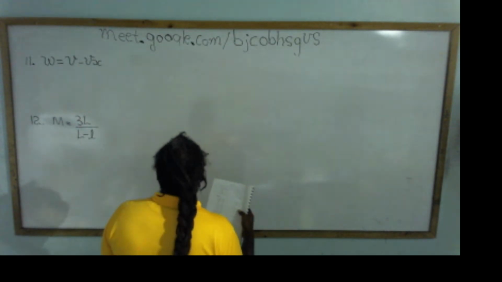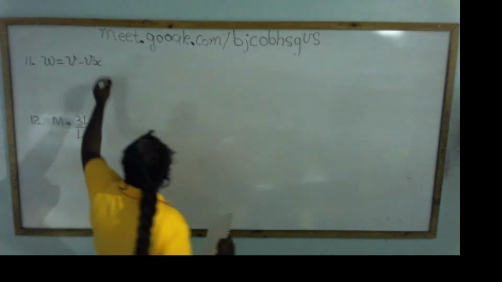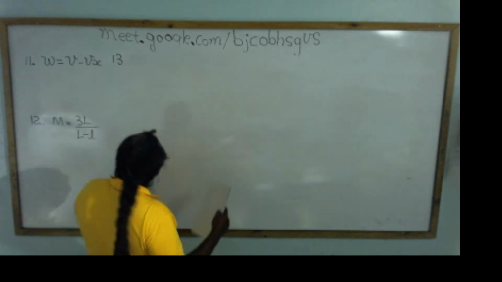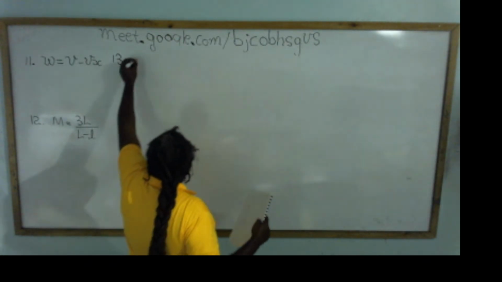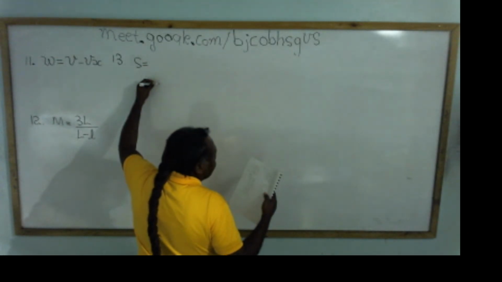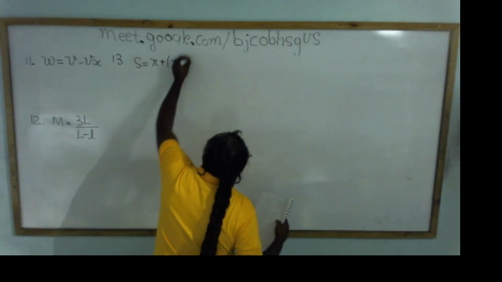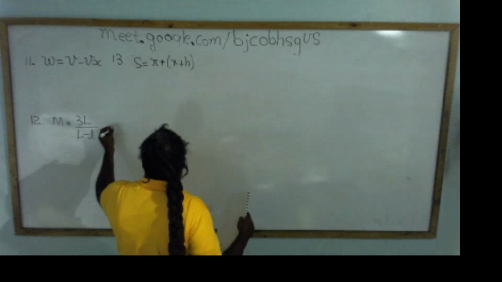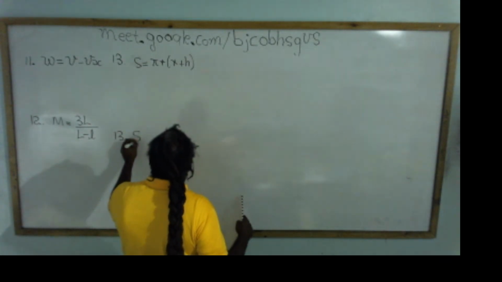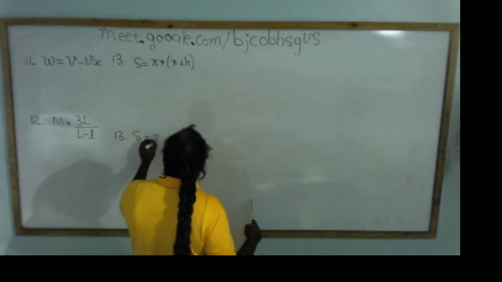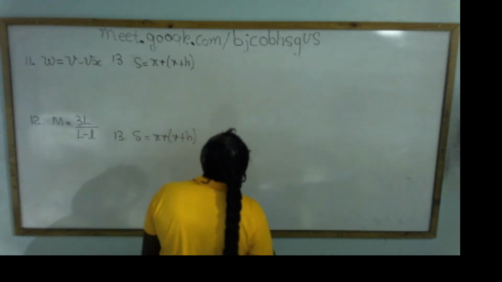Number 13. S is equal to pi r plus h for h. And of course, if you notice, I'm taking a second take on number 13.